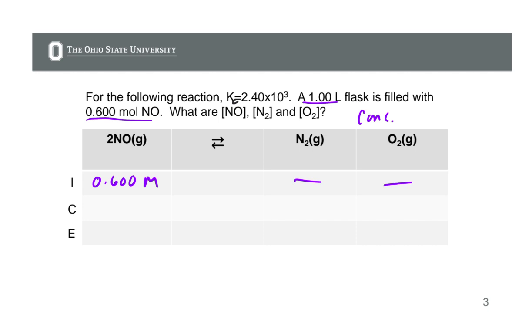For our change, we're going to have minus 2x for nitrogen monoxide, again, dropping down that stoichiometry. So we have 2 NO decomposing to form N2 and O2. We're going to have plus x for N2 and plus x for O2.